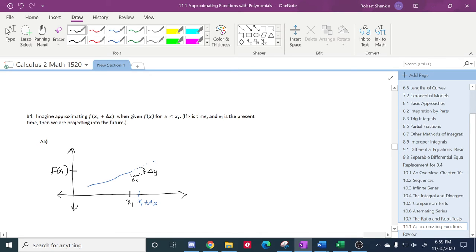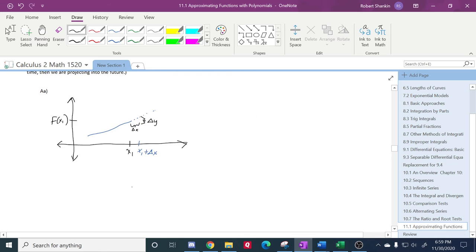And in this case, when we do f, we're approximating into the future, x1 plus delta x. Just like the practice quiz, we will take f of x1.